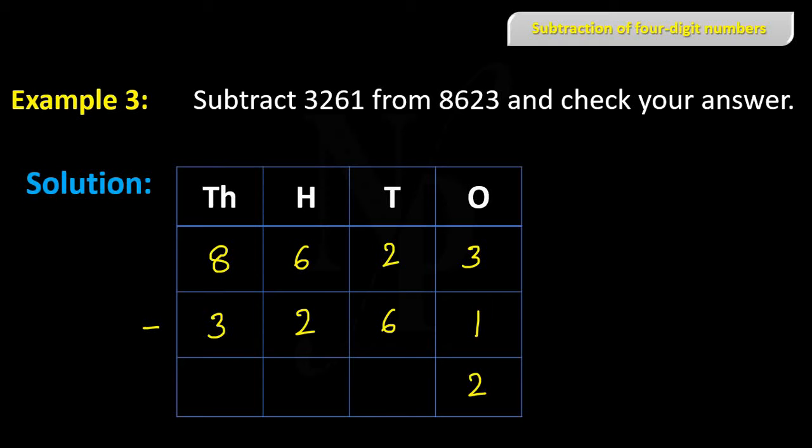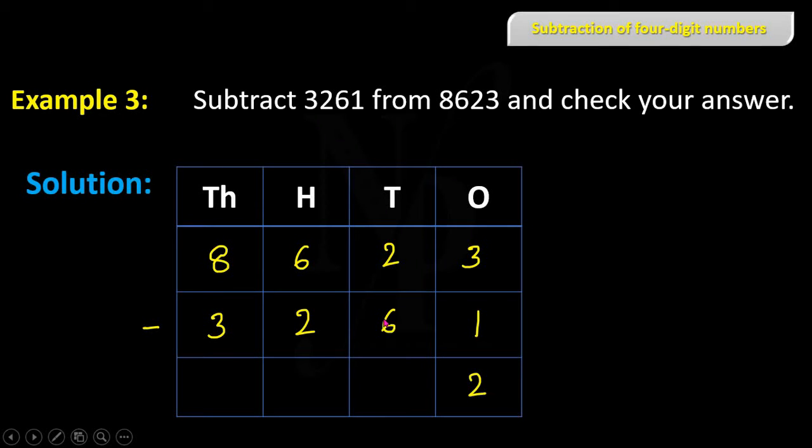2 minus 6 is not possible. We cannot subtract 6 tens from 2 tens. So 2 minus 6 is not possible because 6 is greater than 2 or 2 is less than 6.